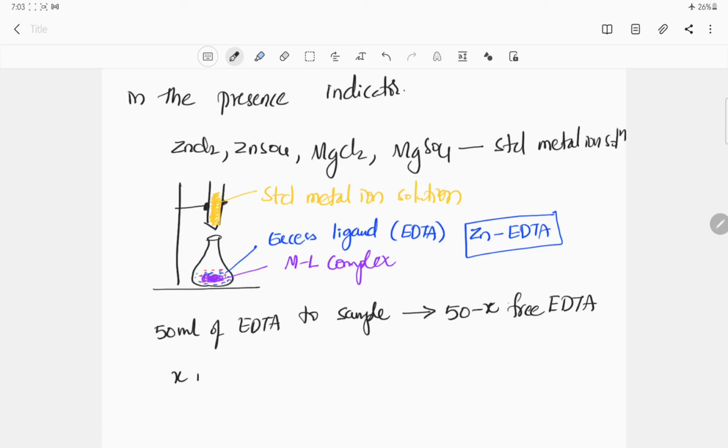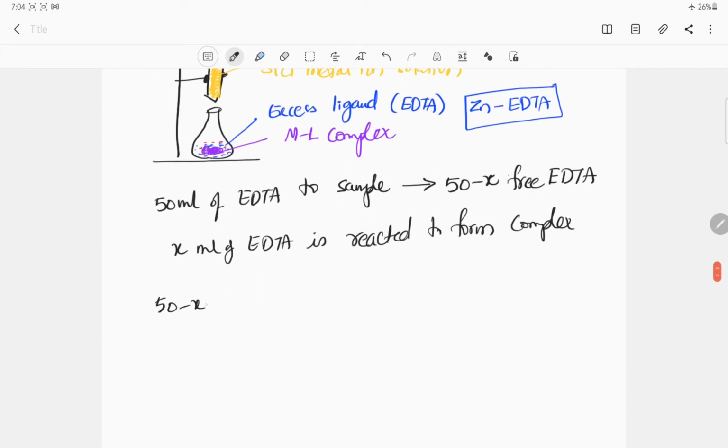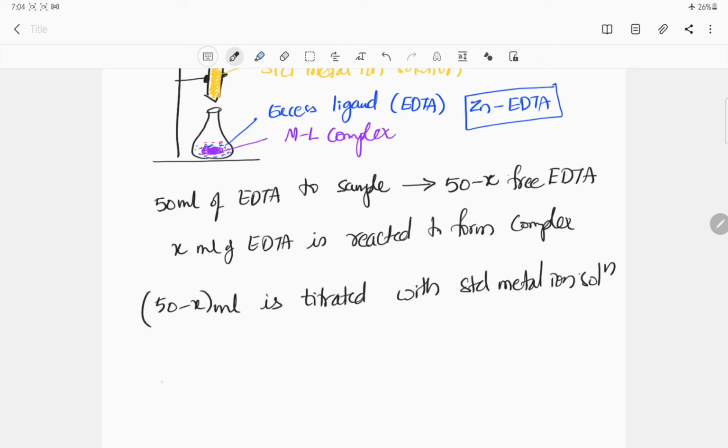The reacted X ml of EDTA has reacted to form complex. So whatever the remaining, that is 50 minus X ml, is titrated with standard metal ion solution. Then whenever you see the color change, you will stop the titration and note the burette reading.